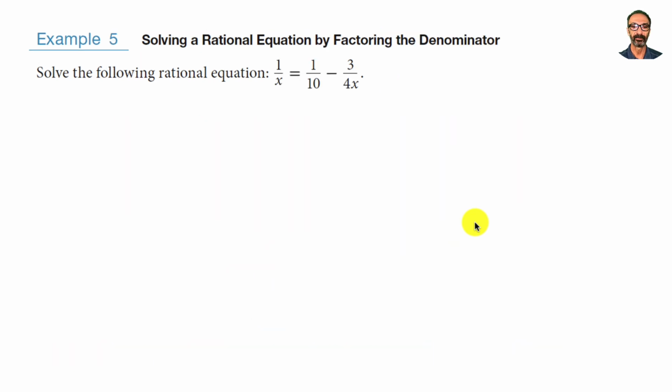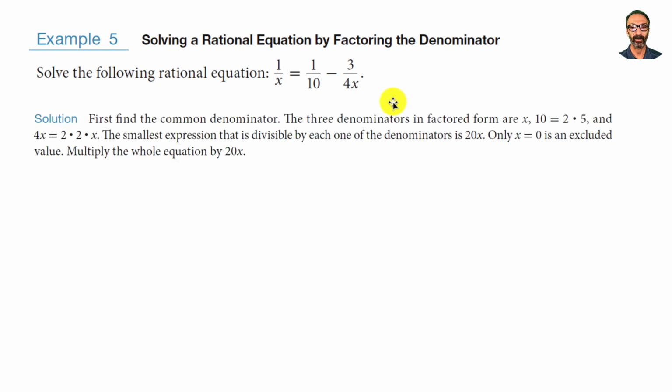Here's another example. The LCD between x, 10, and 4x will be what? Something that divides by 10, divides by x, and divides also by 4x at the same time without any remainder. And if you break it down, 10 is 2 times 5. And the 4x is 2 times 2 times x.